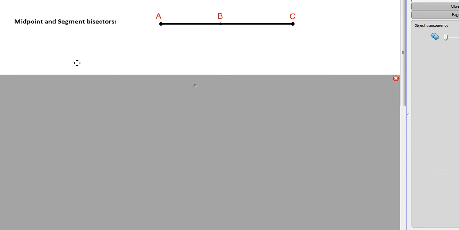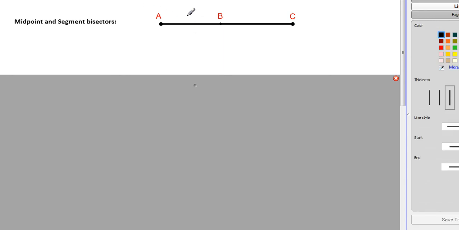Okay, the next vocabulary, it's very easy, but the application of it in algebra is when it gets difficult. If you have a segment that has a bisector in it or has a midpoint in it, then a midpoint or a segment bisector is going to divide a segment into two equal parts. And you're going to see these symbols here, they should be straight lines, through the segments AB and BC. And those symbols are called hash marks, and they mean that AB is congruent to BC, which means that B is the midpoint of AC.